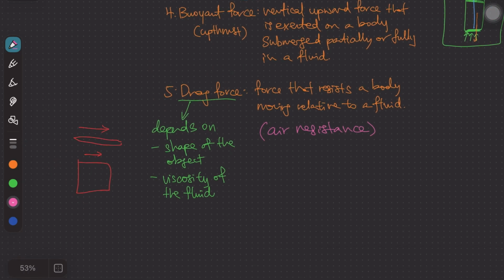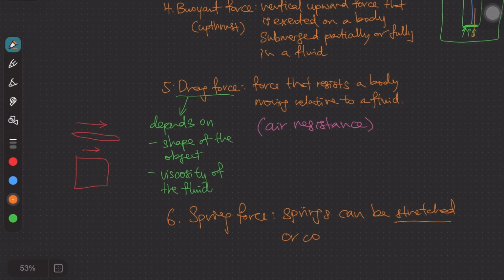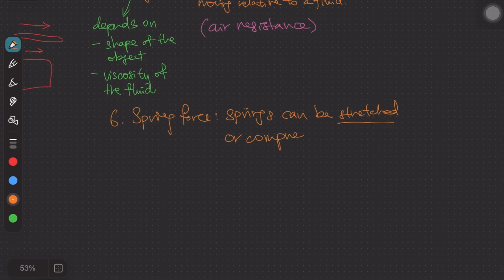Okay, so moving on, we have spring force. Springs can be stretched or compressed to provide a force that is given by something called Hooke's law.